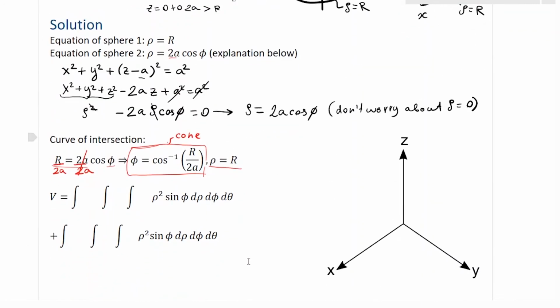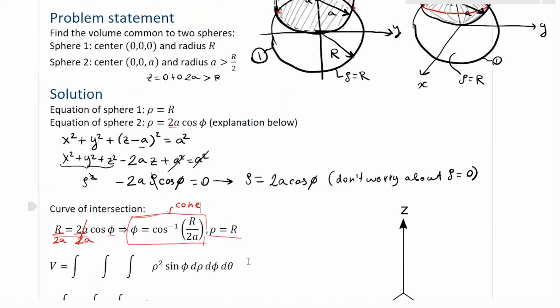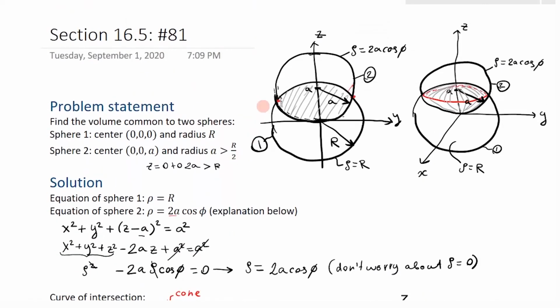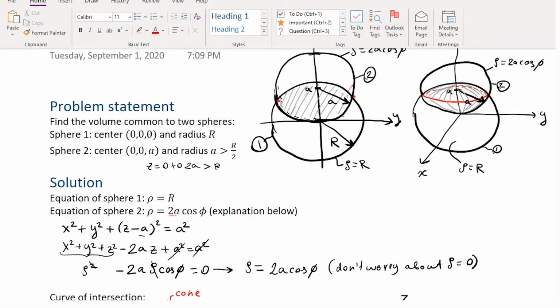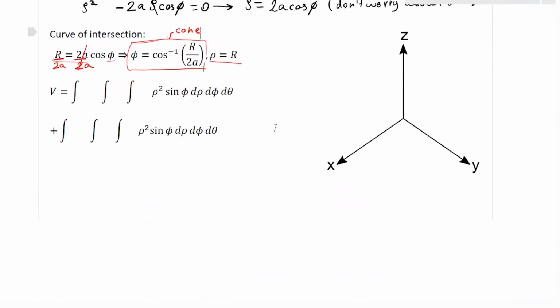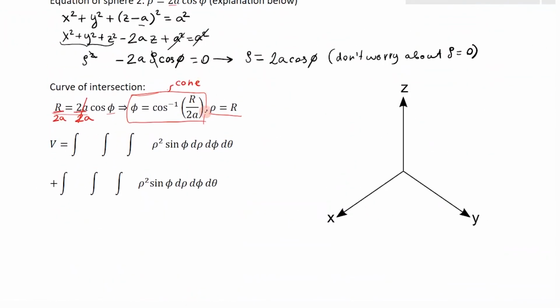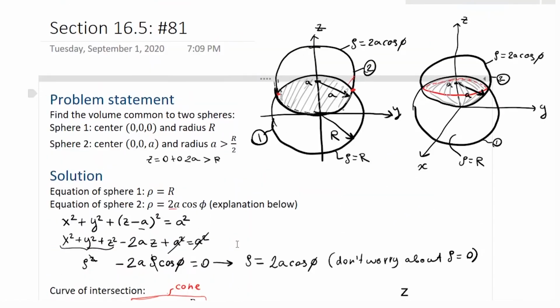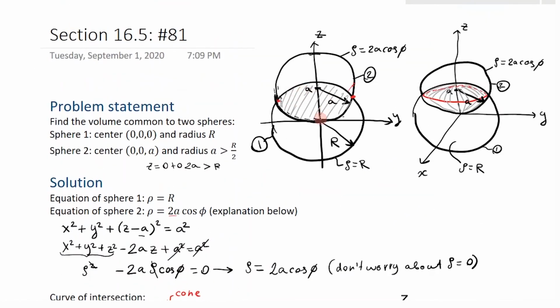So then the next step is to figure out how to integrate this. And this is where I'll use this intersection contour that I just found. What I'm going to do is integrate with rho being on the innermost integral. In this way, I have two regions of interest.